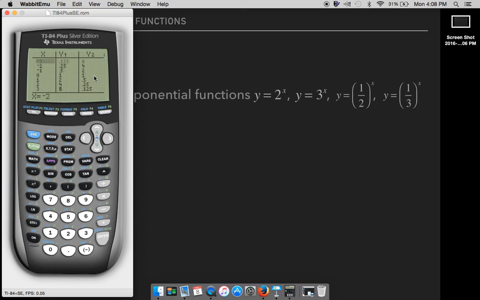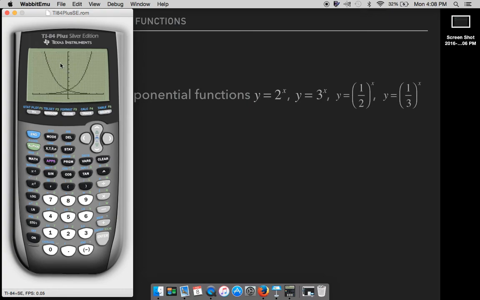If I go this way, you'll see as our x values increase, we went from 16 to 8. That's half of it. 8 to 4, half. 4 to 2, we again took half. 2 to 1, now we've divided again by half.